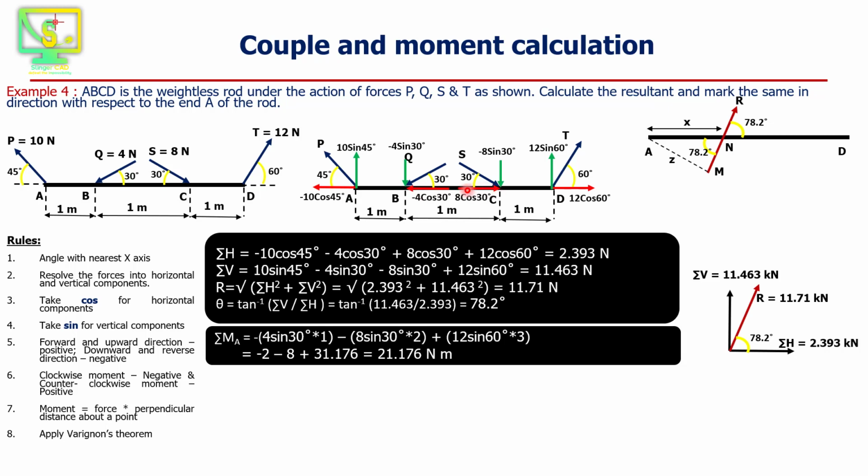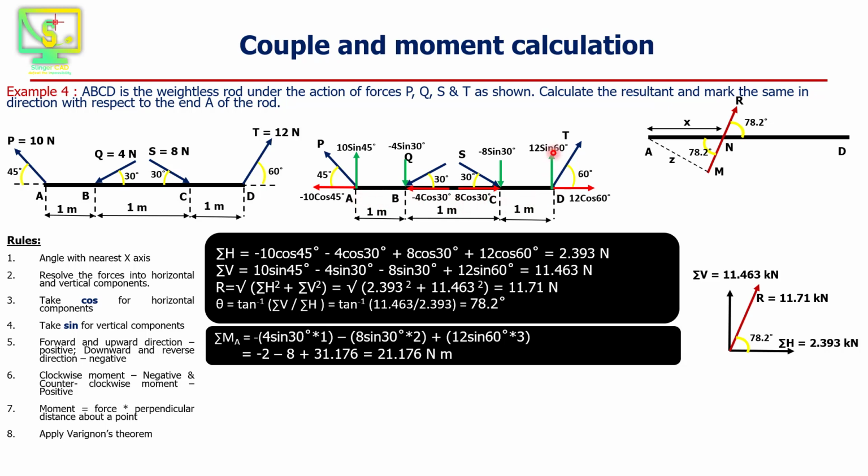Similarly this 8 cos 30 and 12 cos 30 won't affect the rotation of the rod, so we can neglect them. This 8 sin 30 also rotates the rod in clockwise direction, so we take negative, minus 8 sin 30, and the perpendicular distance is 2 meter.